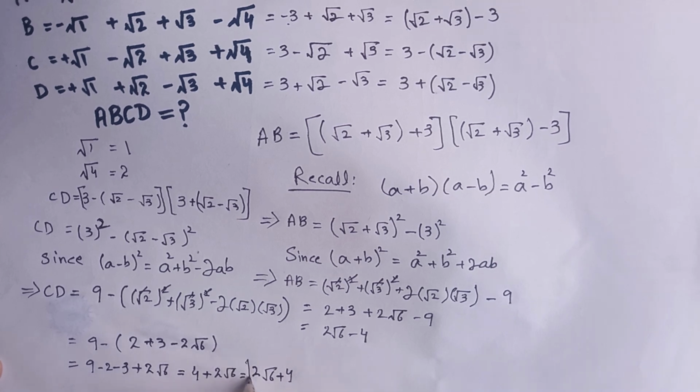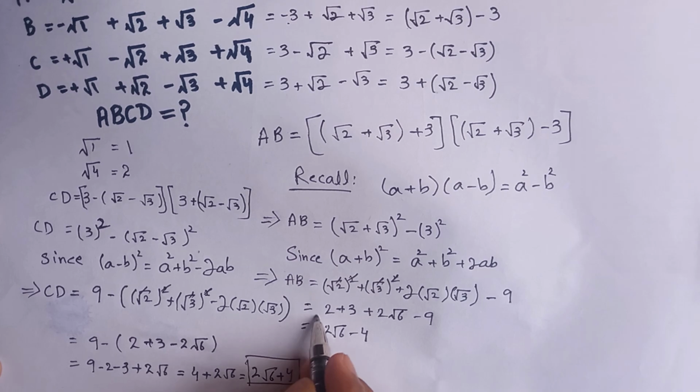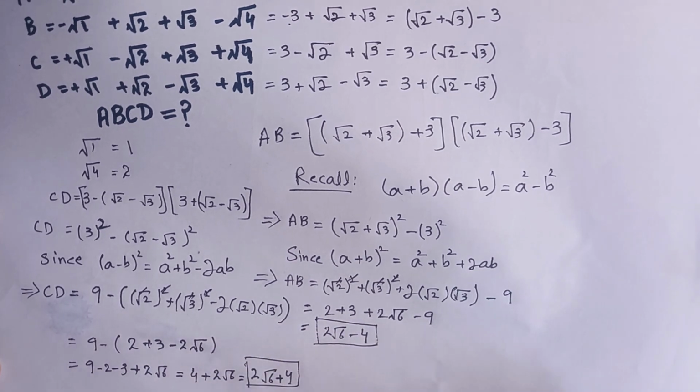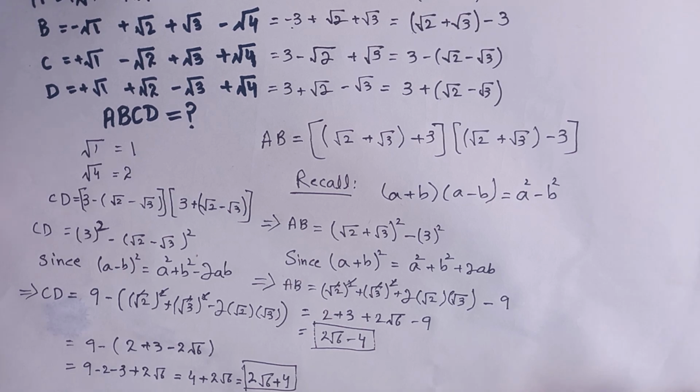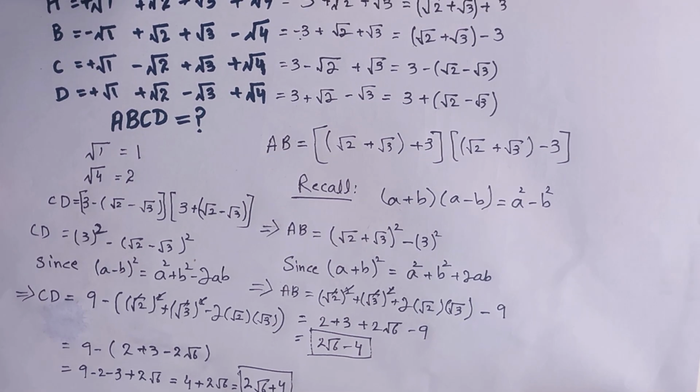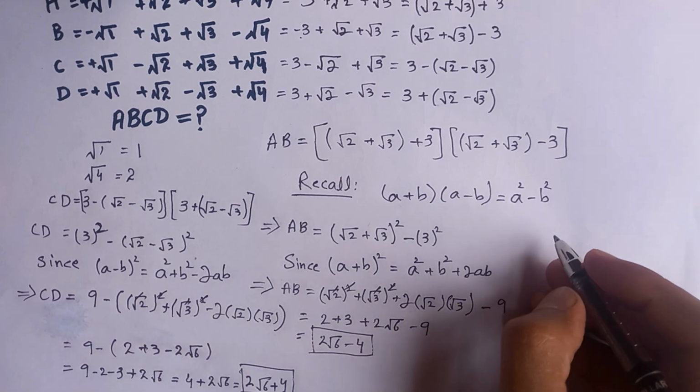So this is the value of cd and this is the value of ab. Now we will find the value of abcd, the product.